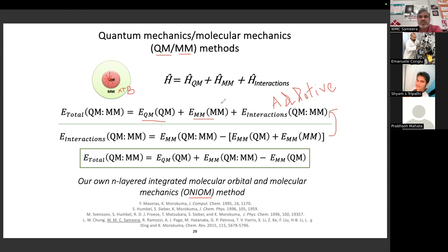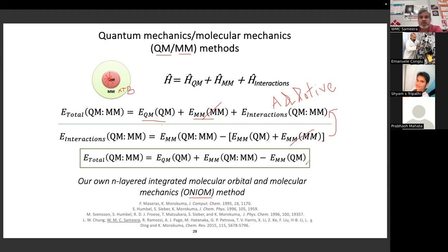And then if you combine this term here, okay, what would happen? This will cancel off, and then you will get the following term. This is the energy of the QMMM system. We calculate the energy of the quantum mechanical region, the energy of the whole system using molecular mechanics, and the energy of the quantum mechanical part using molecular mechanics.